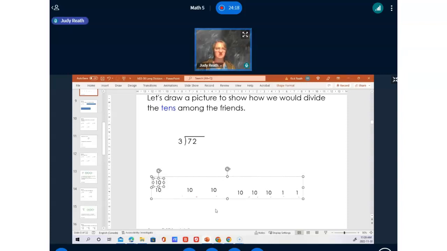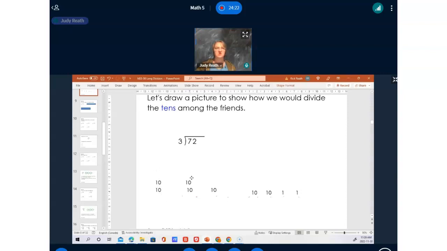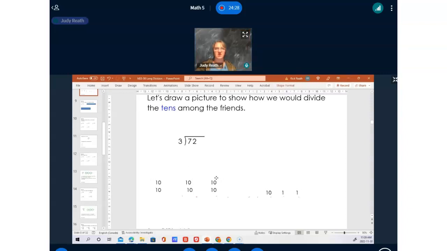Now we have 2 10s in one group, 2 10s in another group, and 2 10s in a third group. But now we have a problem because we have a 10, a 1, and a 1 left over. And that's not going to work, is it?